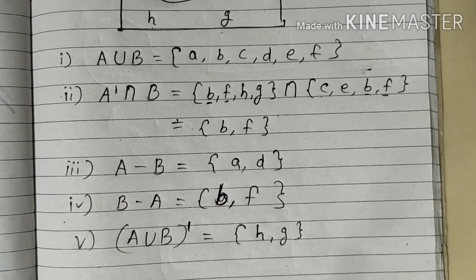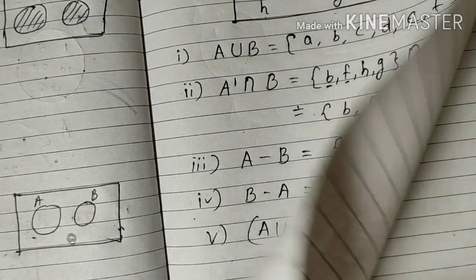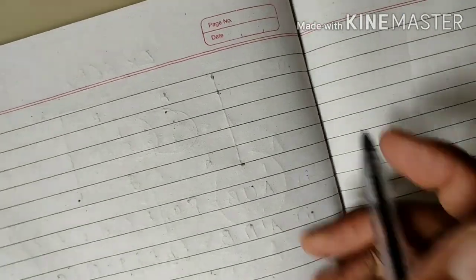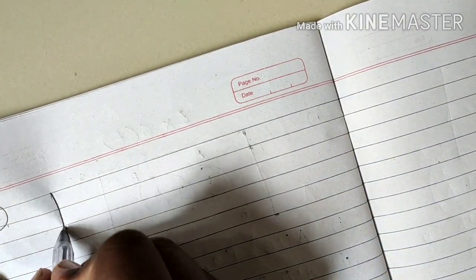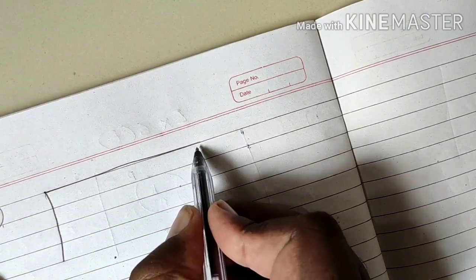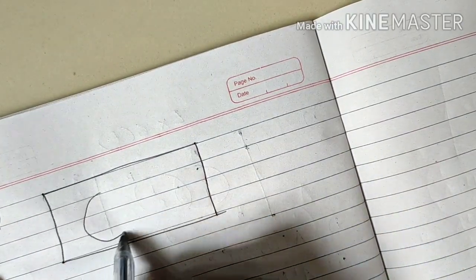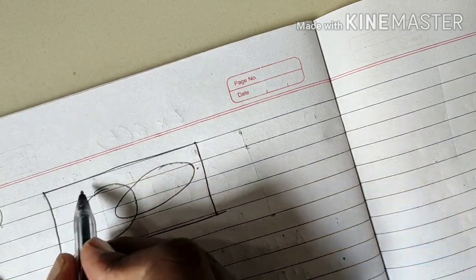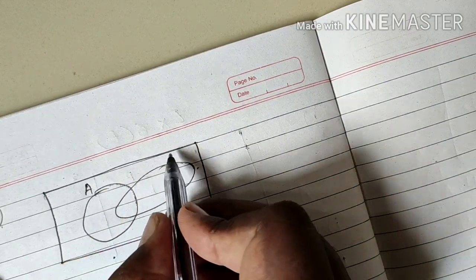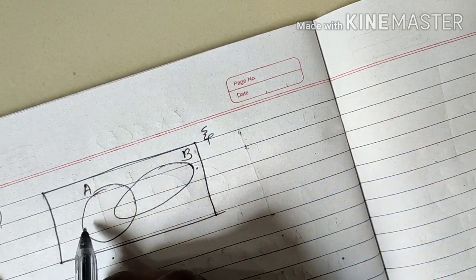We have completed. Then next thing that we are going to do here, it is question number 2 we are solving. A set, B set, and this is the universal set.